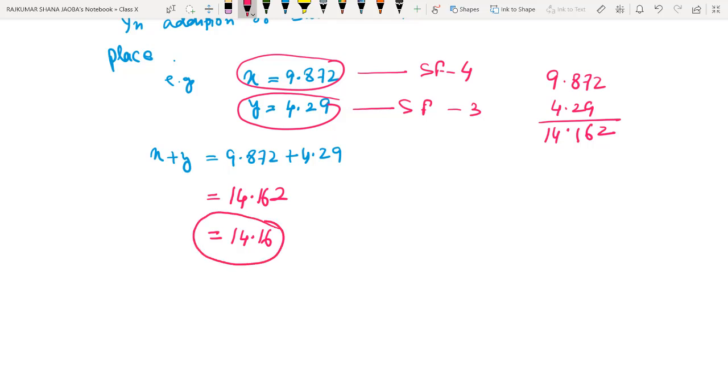The rounding, that is known as rounding off.